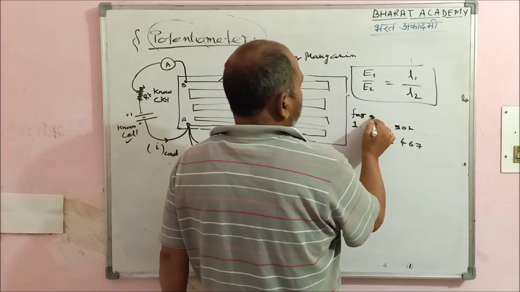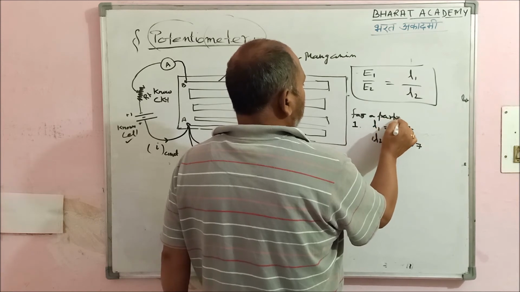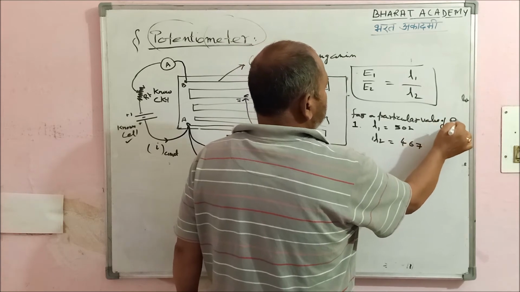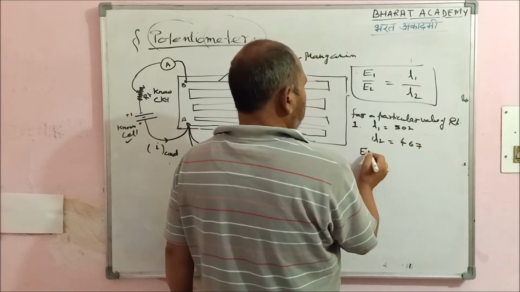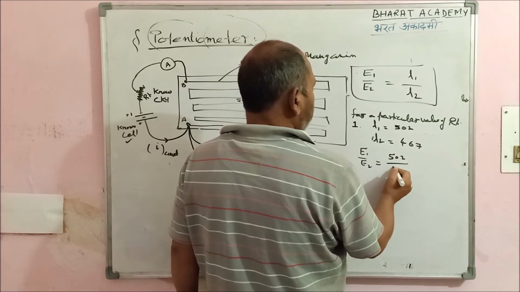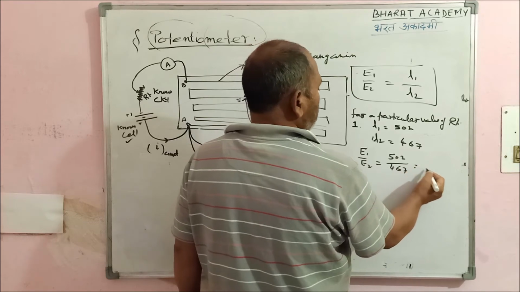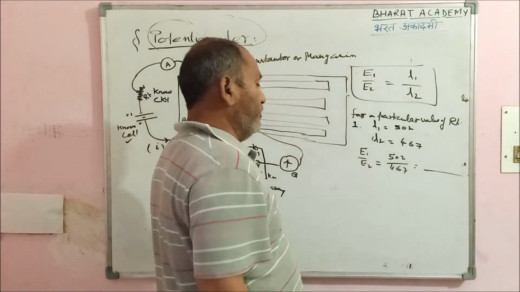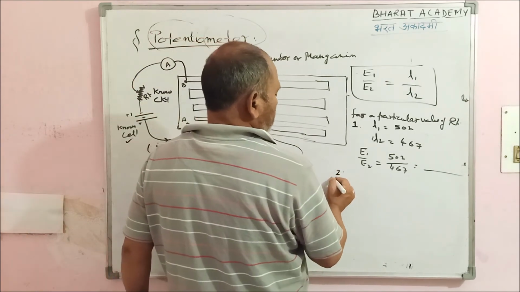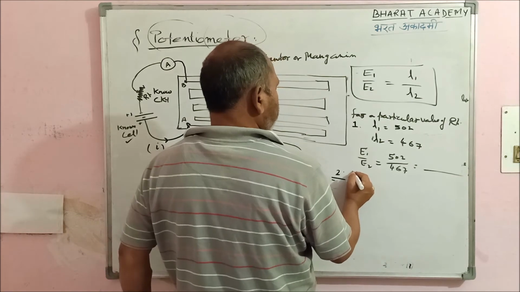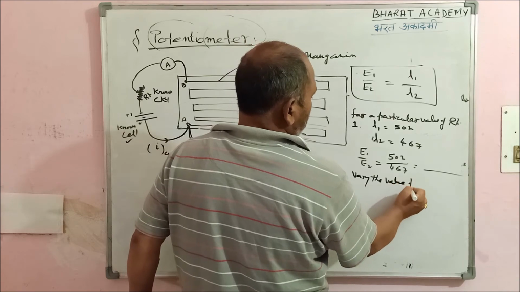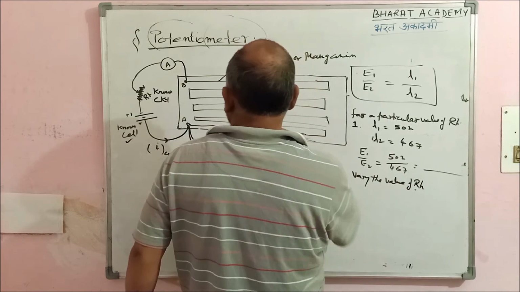For a particular value of Rh, E1 by E2 will be 502 by 467. Just divide 502 by 467 and we will find a value. In the second part of the experiment, we vary the value of Rh with the help of this knob, just sliding it.